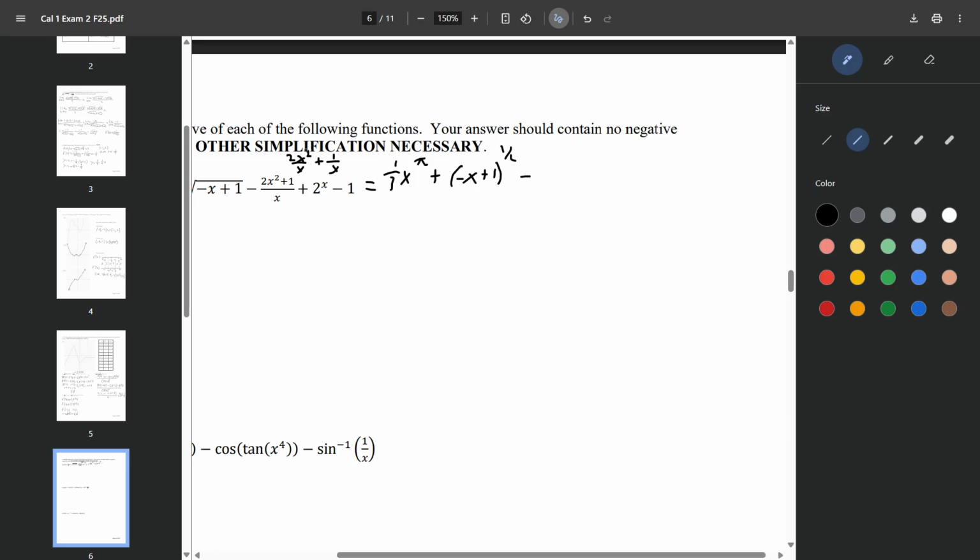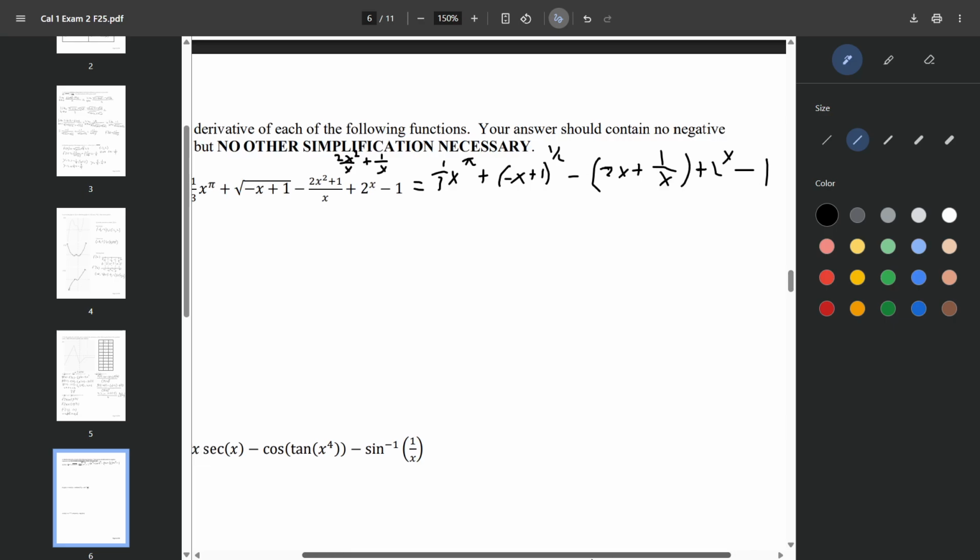We could cancel an x from the top and bottom, so we're going to be left with 2x plus 1 over x plus 2 to the power of x minus 1. And now we'll take the derivative of this.